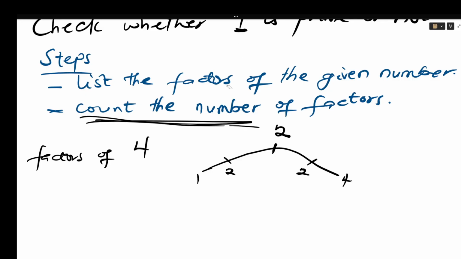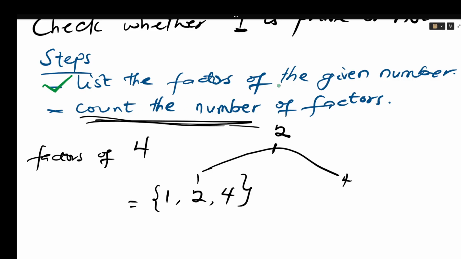And when you reach that stage, that indicates the end of the check. So the factors of 4 are 1, 2, and 4. So we've done the first step, which is listing the factors of the given number.